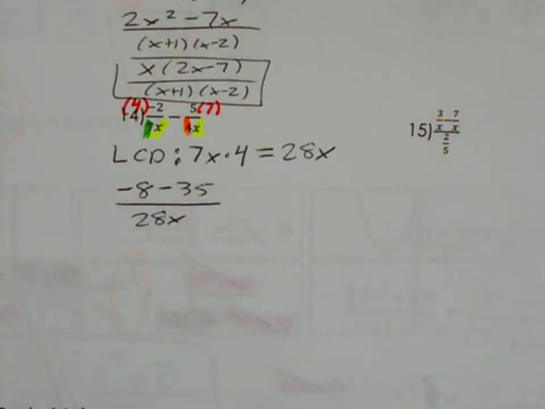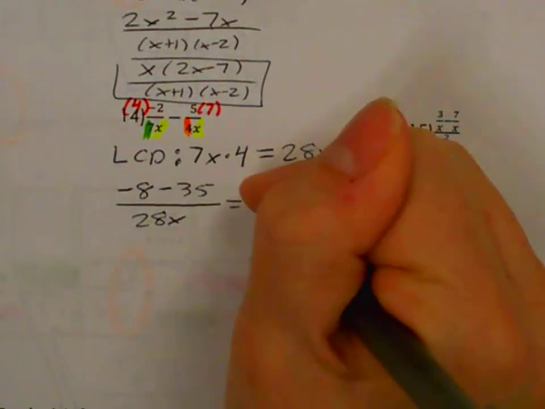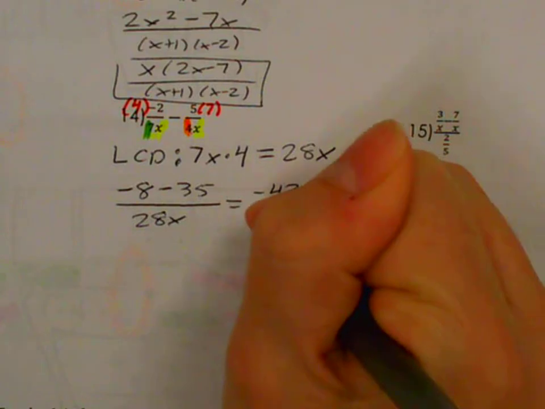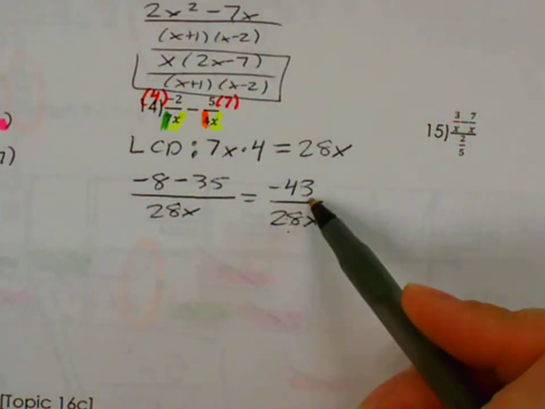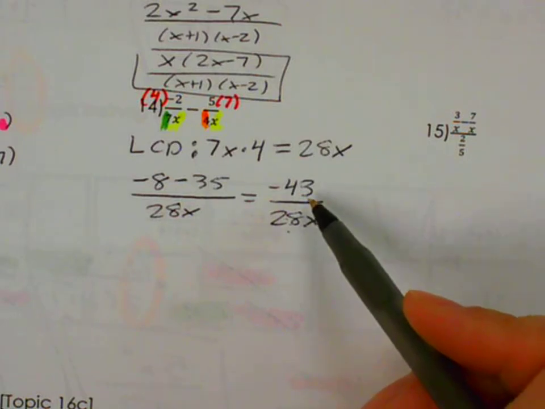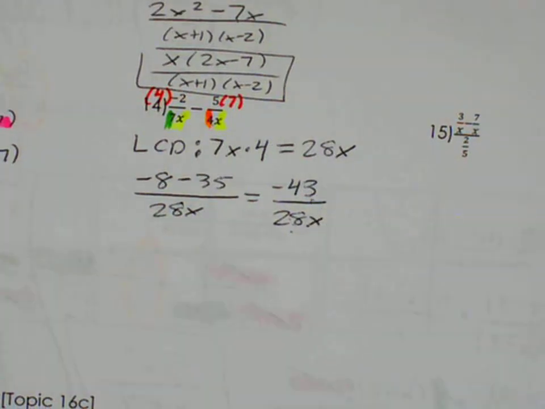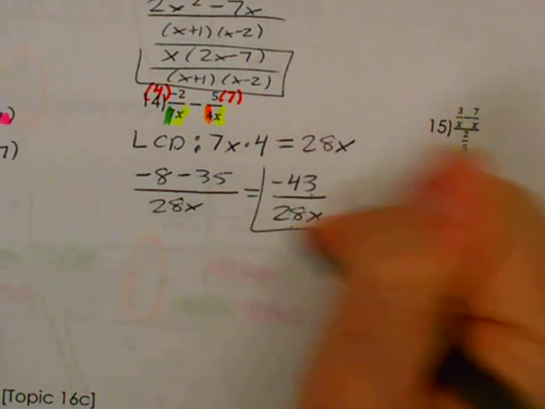Negative 8 minus 35 is, let's see, negative 43 over 28x. And again, I should check and see, can I simplify this? Well, no. 43 over 28, it's a fraction, so if you can simplify it, you need to reduce it, but I can't simplify that fraction. So this is my final answer.